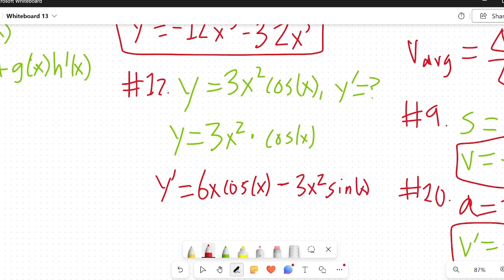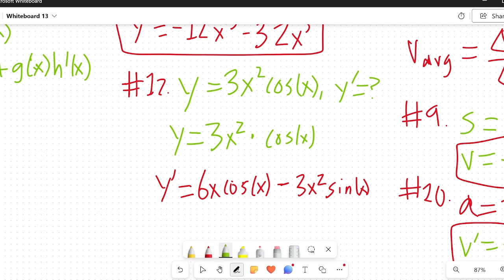So essentially what we do is add the derivative of the first one times the normal second one, plus the normal first one times the derivative of the second one. So that will give us this function.